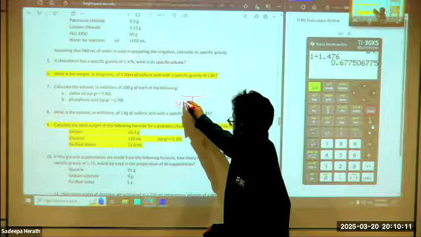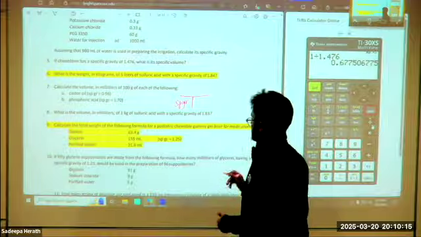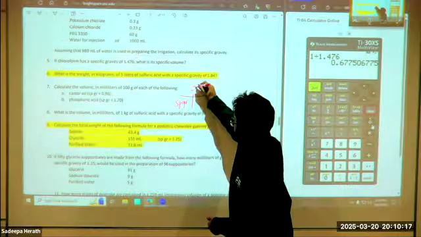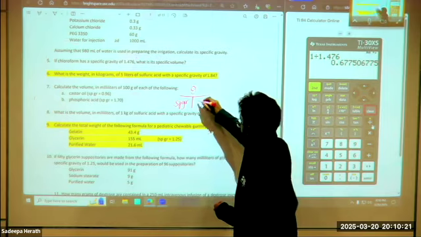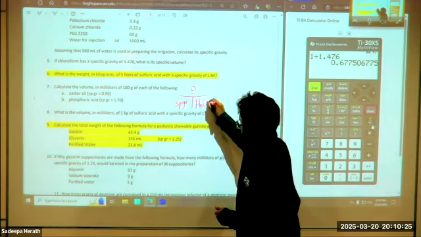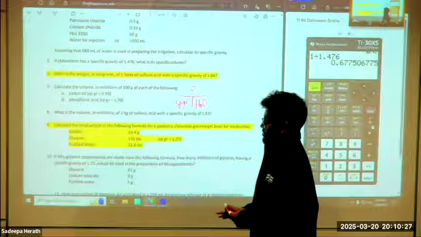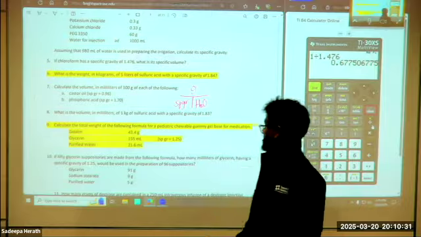Specific gravity is grams of a substance over equivalent of another substance. Most cases it's H2O, so I just put it as H2O.